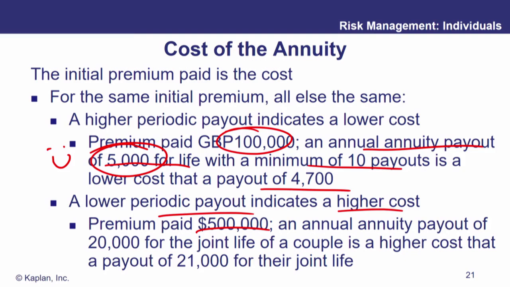$500,000 premium. Here's another example. An annual annuity payout of $20,000 for the joint life of a couple versus a different policy also for joint life paying $21,000 a year. All things the same, receiving $21,000 a year is the better deal.